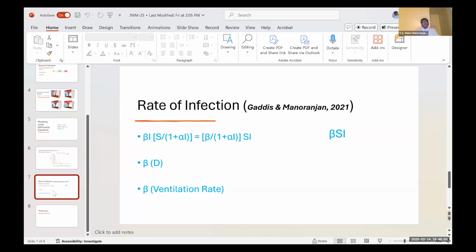In the model I showed you before, you had the term beta times S times I. Now what I have is beta divided by 1 plus alpha I, times S times I. So beta divided by 1 plus alpha I means that when the number of infected people increases, beta is going to decrease, because you are dividing beta by 1 plus alpha I, where alpha is a positive constant.